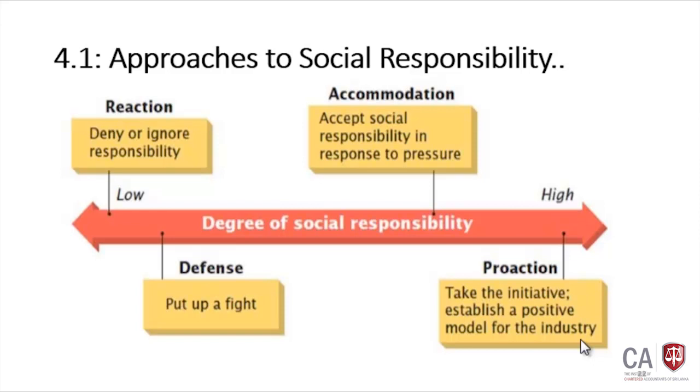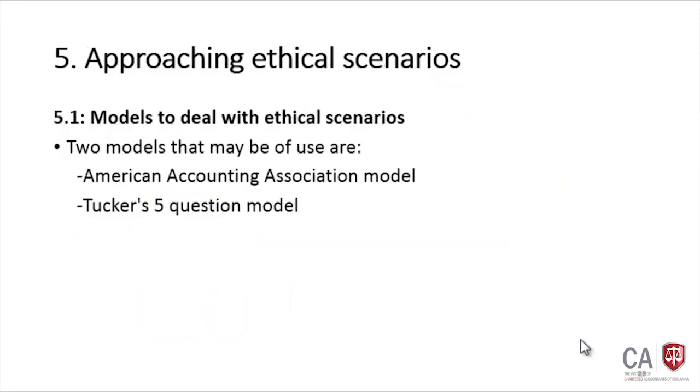Depends, still you try to fight that part, you know. The low level, the lowest one, is actually the reactive approach. Still you are not accepting. Deny or ignore the responsibility. Right.